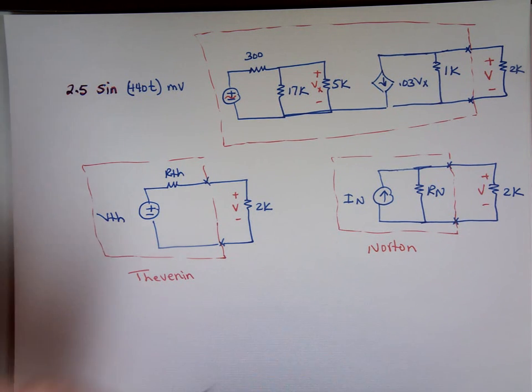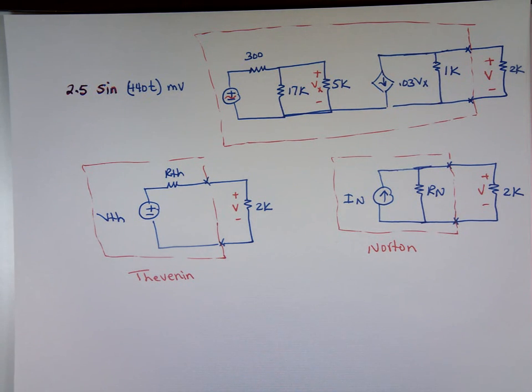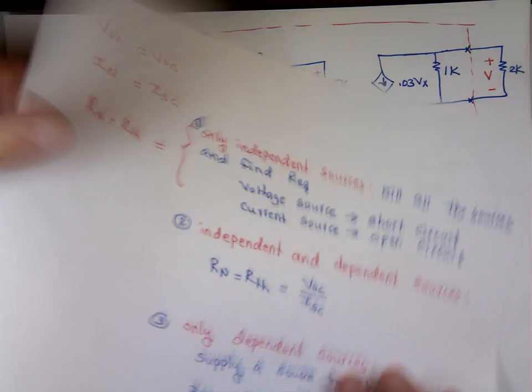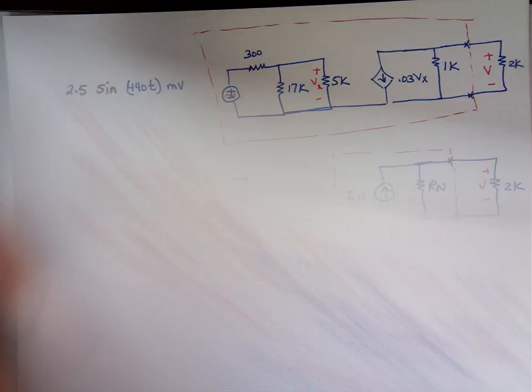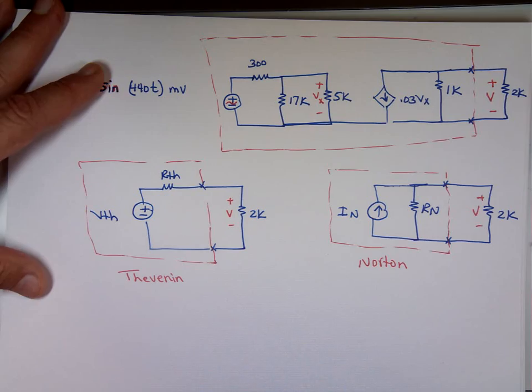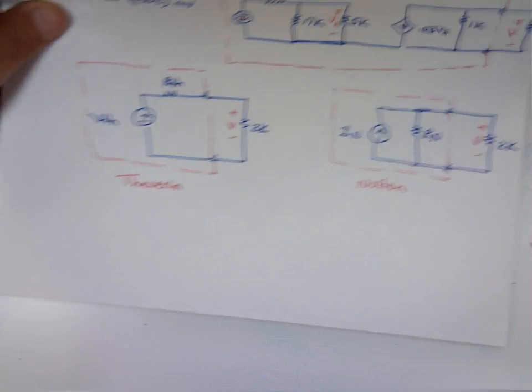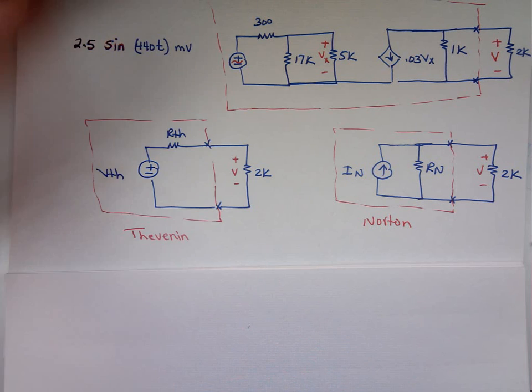So let's find V Thevenin. Remember, when you have independent and dependent sources, you need to find V open circuit and I short circuit, because to find R Thevenin, you've got to divide them. Our book doesn't do them this way, but I find this is probably the easiest way if you memorize these rules.